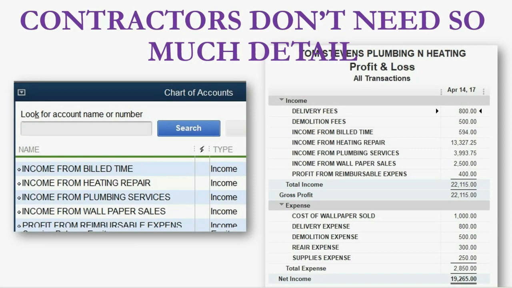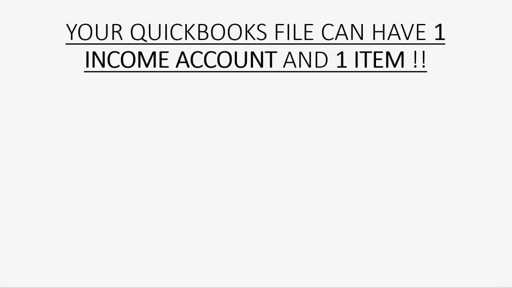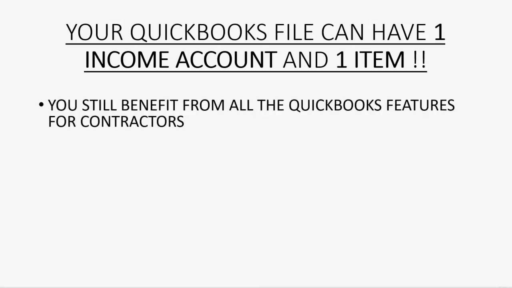In fact, most of my contractors don't want a cluttered income section of their profit and loss, and don't want a whole bunch of income accounts in their chart of accounts. They're totally satisfied with having just one income account and one item on their items list, because as contractors, they have some clear understanding of where their money is coming in from, and the expenses and tracking them are the most important thing.